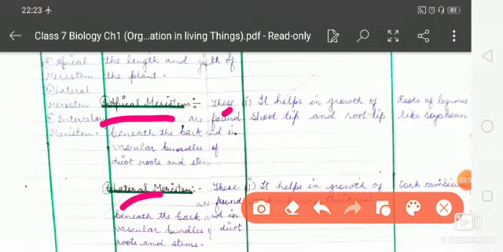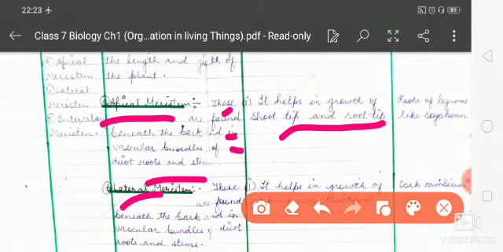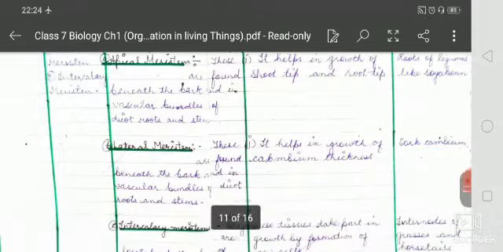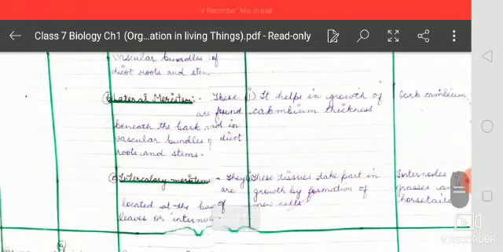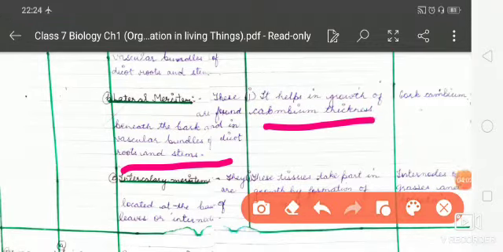Apical meristems are found beneath the bark and vascular bundles of dicot roots and stems, and help in growth of the shoot tip and root tip. It is found in roots of legumes like soybean. Lateral meristems are found beneath the bark and in vascular bundles of dicot roots and stems, and help in growth of cambium and thickness.